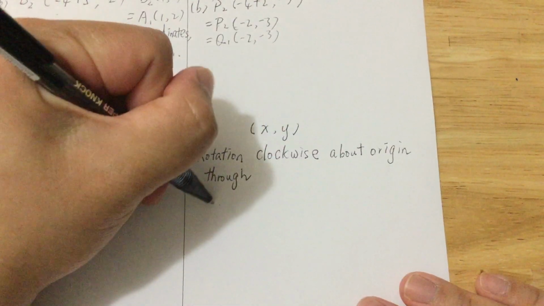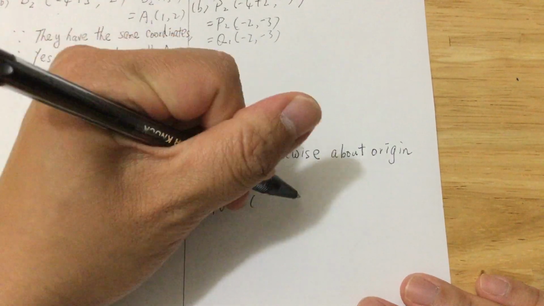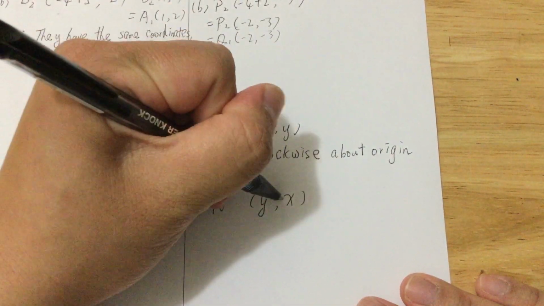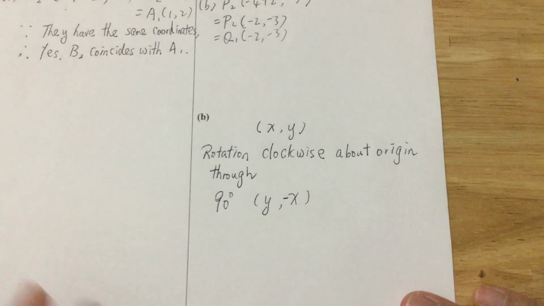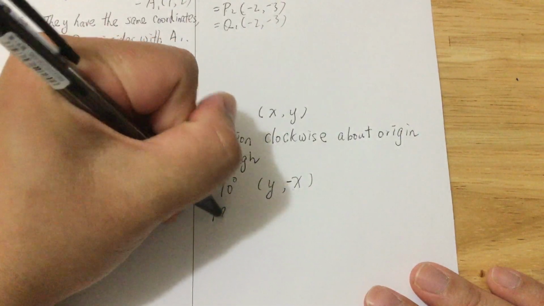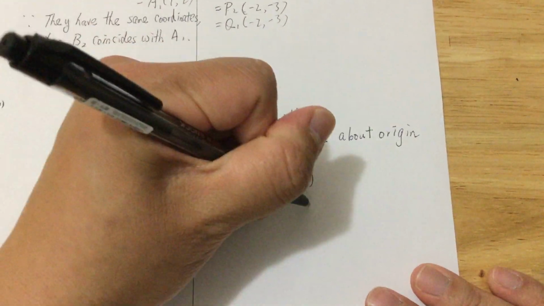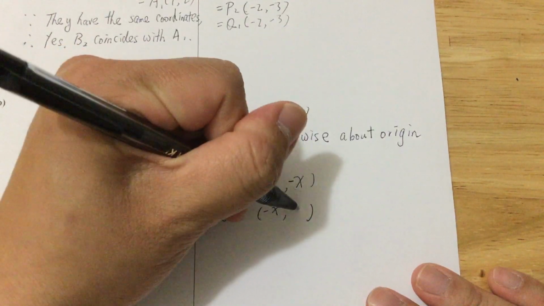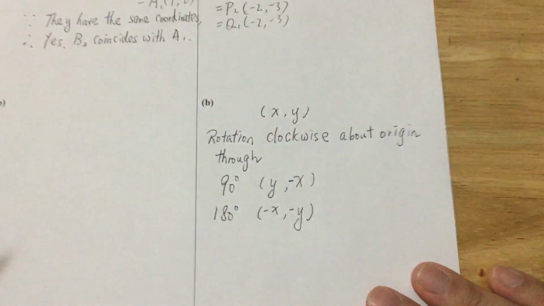If this is 90 degrees, I told you, you must interchange x and y, and you get a negative sign for the y coordinate. For 180 degrees, once again, you will have (-x, -y), with a negative sign on both.